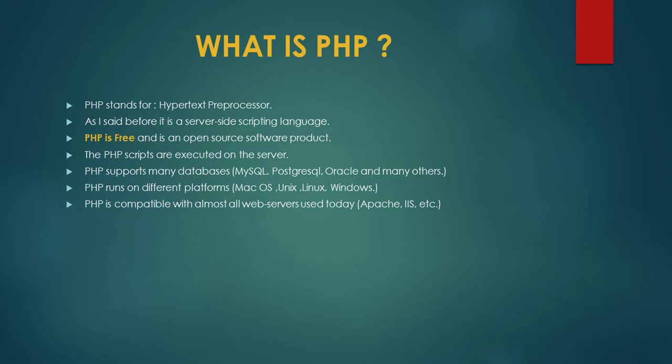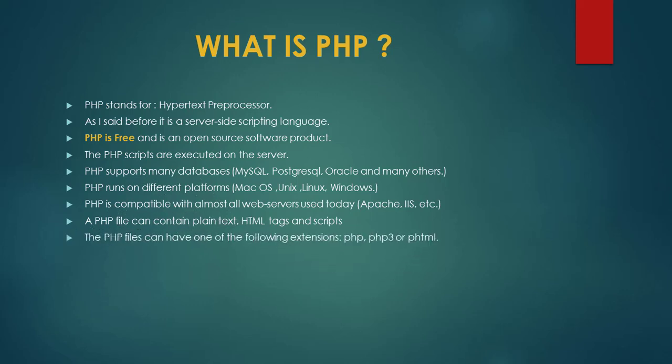PHP is compatible with almost all web servers used today like Apache, IIS, etc. A PHP file can contain plain text, HTML text, and scripts. The PHP file can have one of the following extensions: PHP, PHP3, or PHTML.